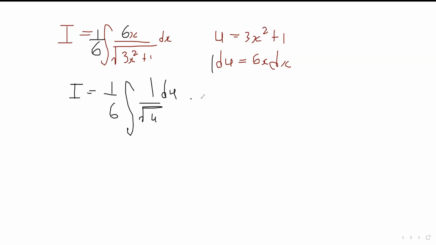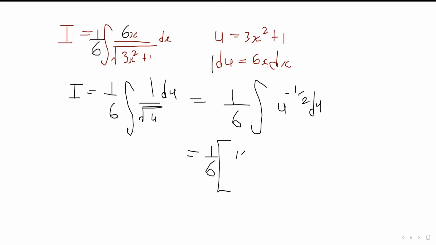Now we can easily integrate this to get 1 over 6 times the integral of the square root of u in the denominator, which is u to the negative half. And so all we have to do now is add 1 to the power and divide by the power. So it becomes 1 over 6 times, in brackets, u to the half, divided by 1 over 2. And then we have plus our constant, plus c. Right, Marika?